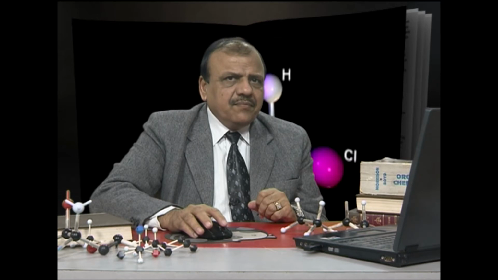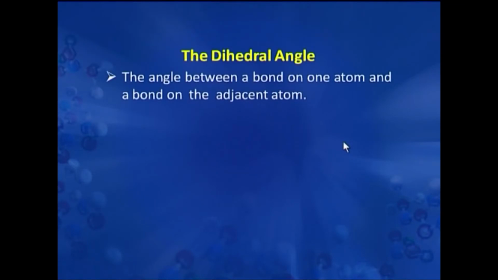Now there is one more thing that we need in these conformations, that is called dihedral angle. Now what is this dihedral angle? Actually, dihedral angle is not the angle that we generally define in geometry between two lines. Dihedral angle is the angle between two planes. Now how do we observe these two planes?